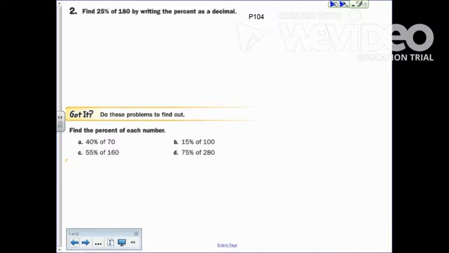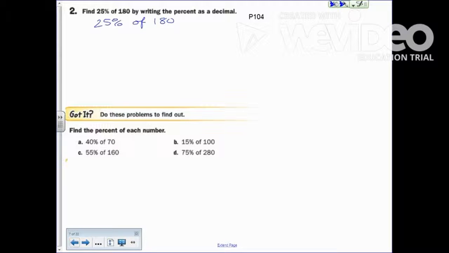Example number 2 says find 25% of 180 by writing the percent as a decimal. So 25% of 180.